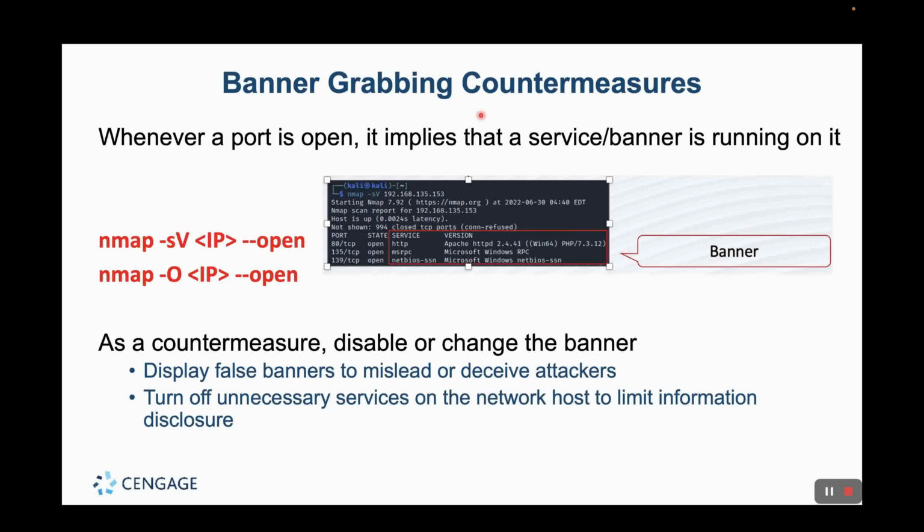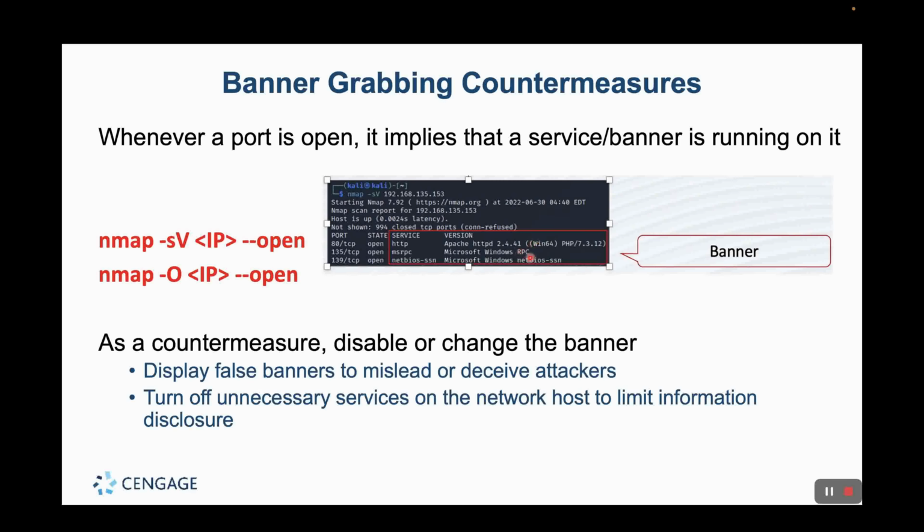It is a valuable reconnaissance step for attackers seeking vulnerabilities in a target system. Now, here you could see that you could use either one of these options, -sV for version detection, --open, looking only for open ports, and -O for operating system, as we discussed before. And here you could see this is the banner. Okay.